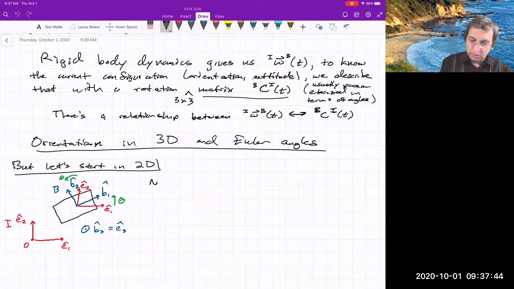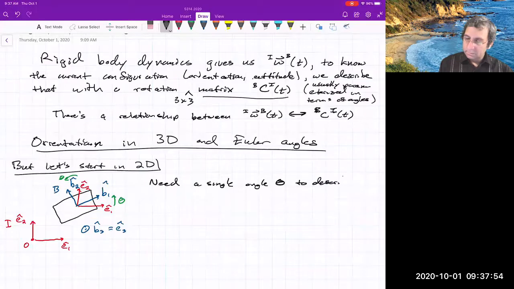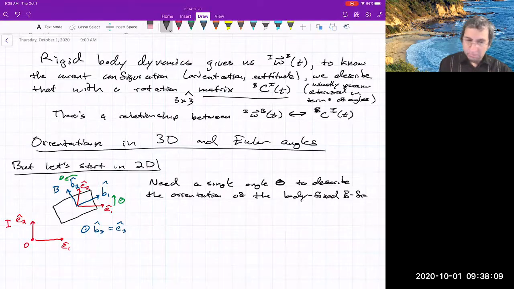So in this case, what do we need? We need a single angle theta to describe the orientation of the body fixed frame, the B frame.